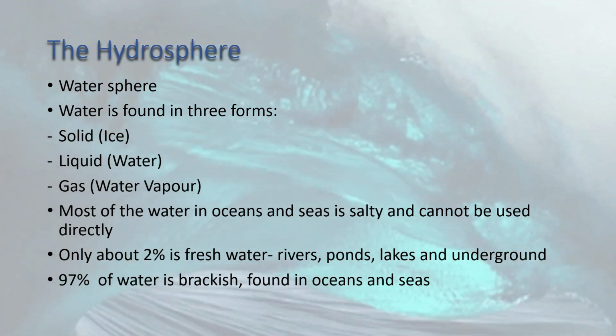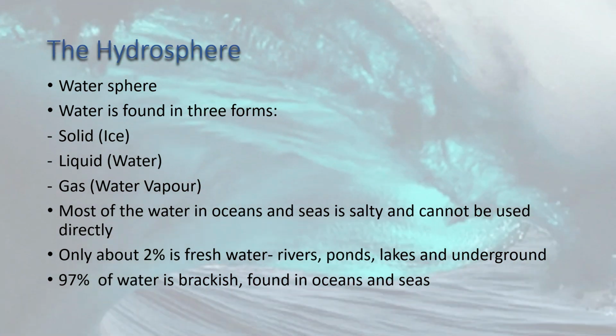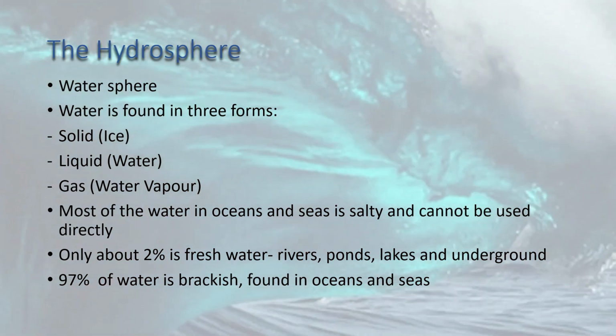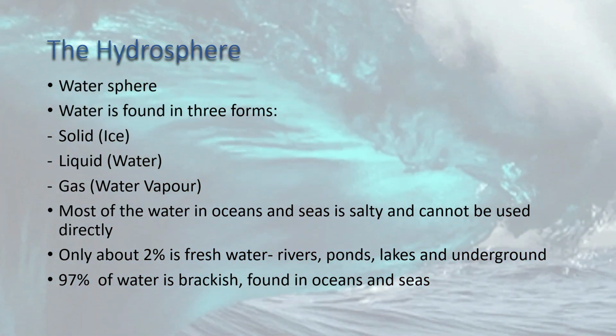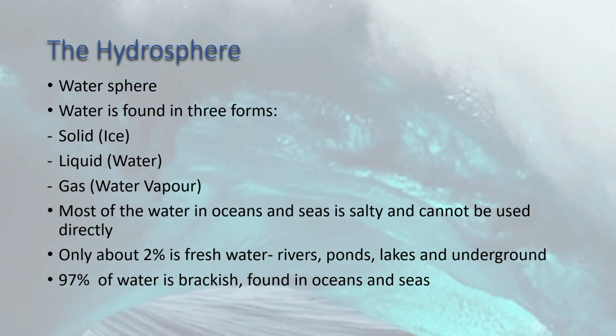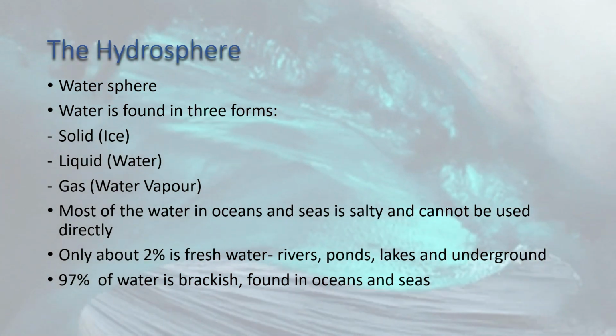So, this water is found in rivers, lakes, ponds, streams, underground, as well as in oceans and seas. But you should remember, children, that most of the water in oceans and seas is salty and cannot be used directly.